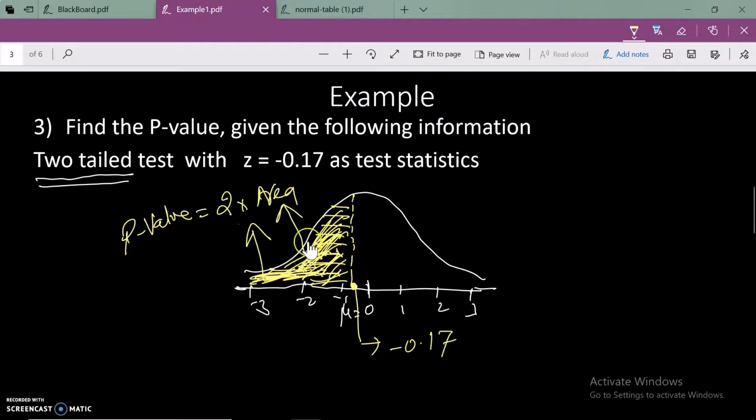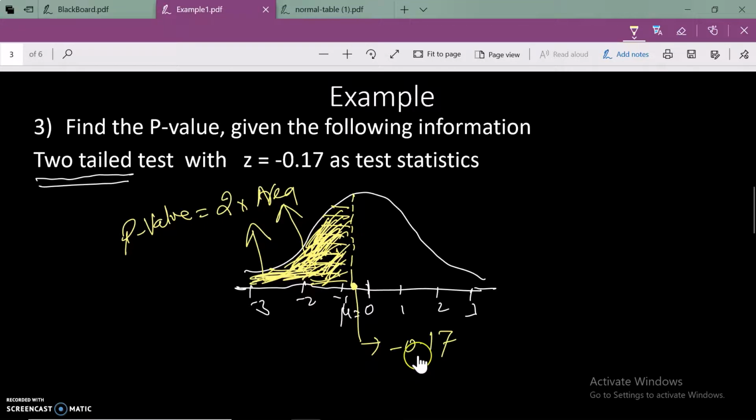In case of a two-tailed test, we always multiply the area by 2. If the test statistic is on the left of the center, you find the area on the left of the test statistic, and you double it.